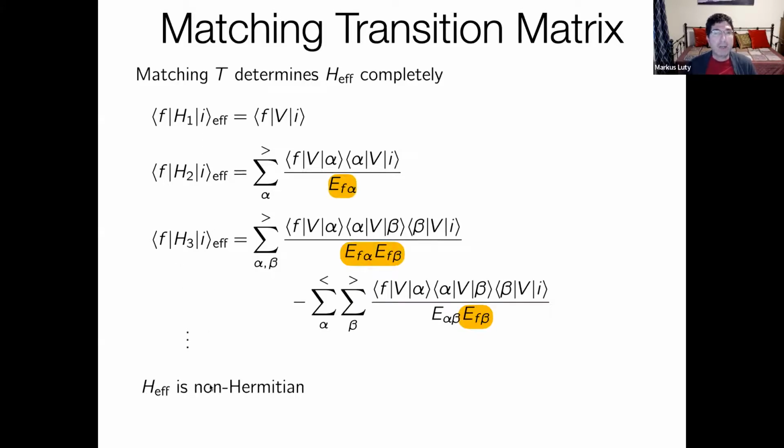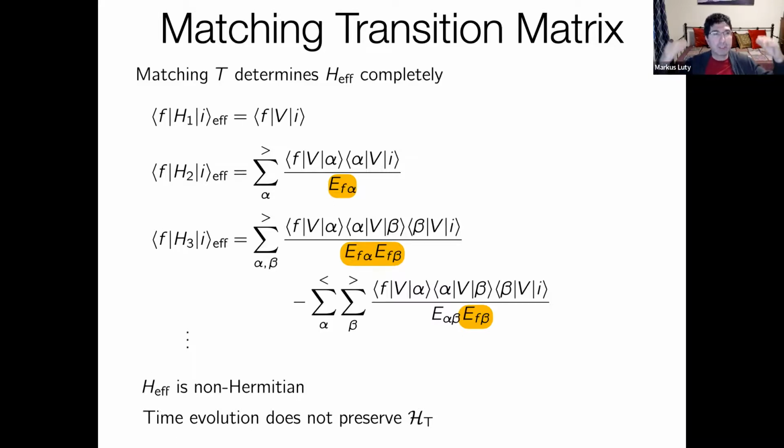Now notice that these H1, H2, and H3 are not Hermitian, okay? Because if you look at these energy denominators, they always prefer F over I. These are not symmetric in F and I, so they are not Hermitian. That may be a bit disturbing, but if you think about it, it makes sense, because time evolution does not keep you inside this truncated Hilbert space.